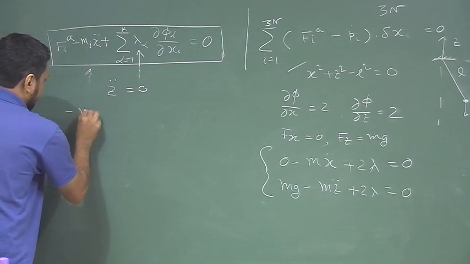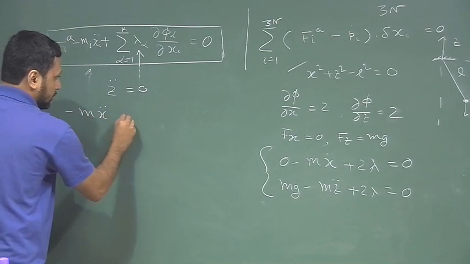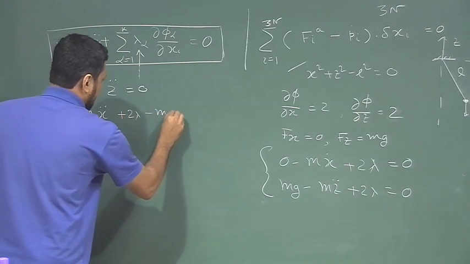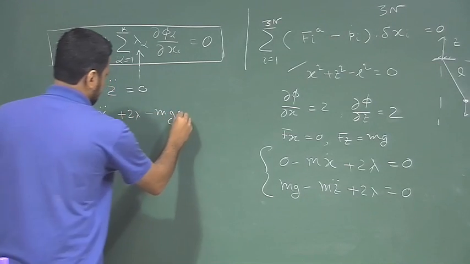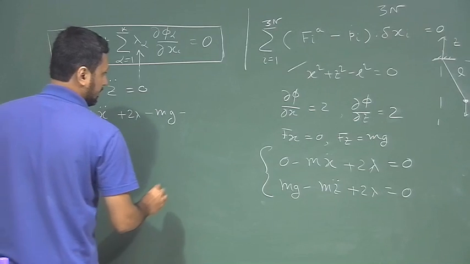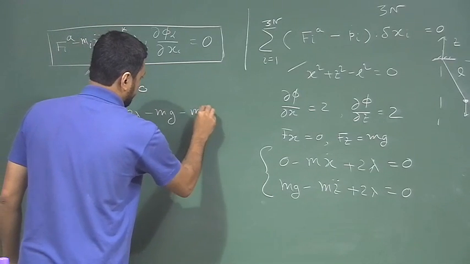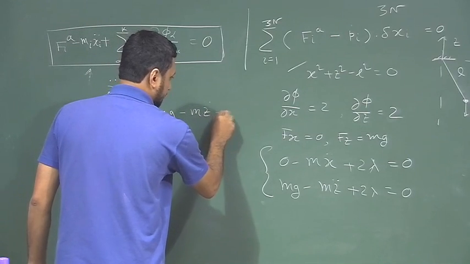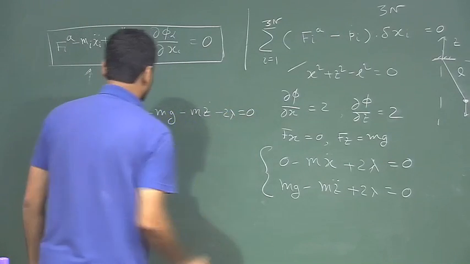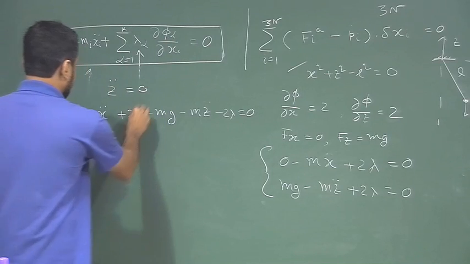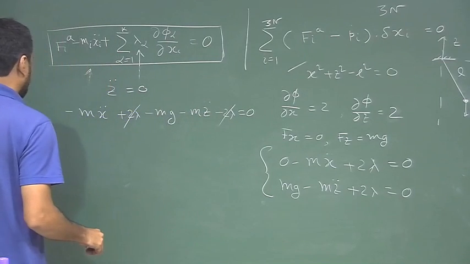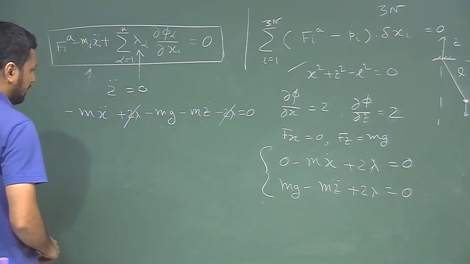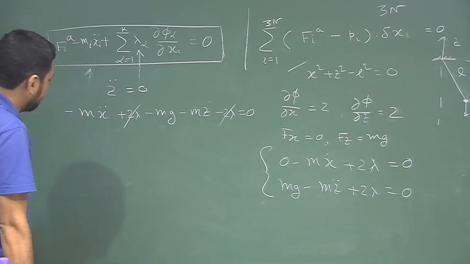So, let us do this in the other way. We have minus m x double dot plus 2 lambda, minus mg minus m z double dot minus 2 lambda is equal to 0. Now, we have a sign issue.